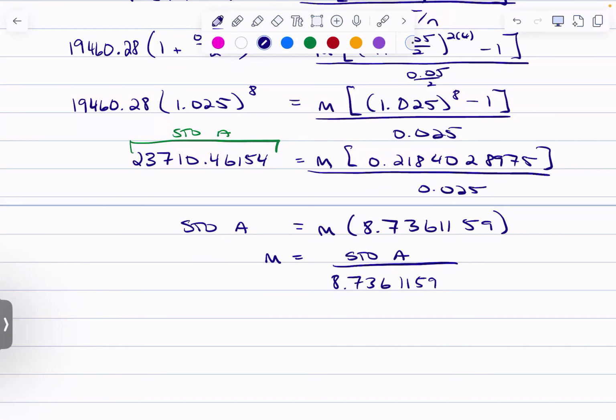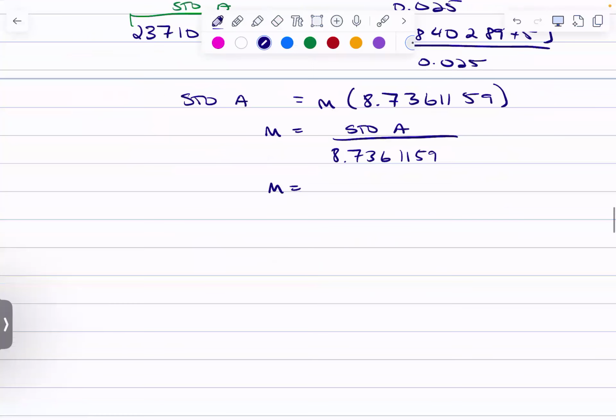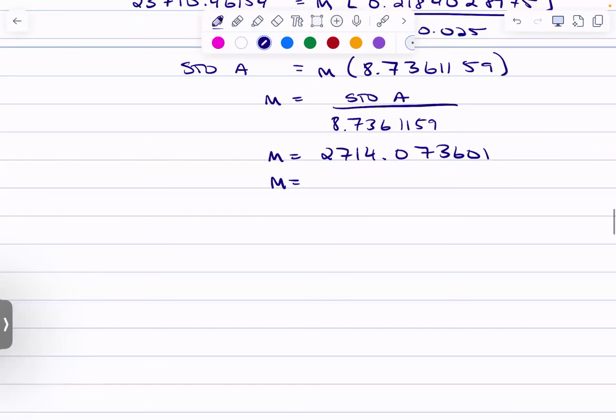Okay. Now, recall A divided by that guy. That looks better. A lot better for Aisha: $2,714.0736. So in money, $2,714.07.